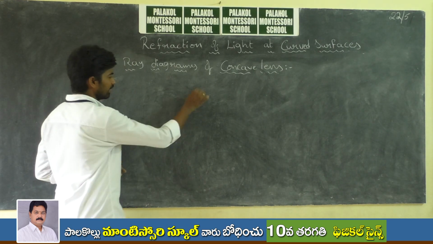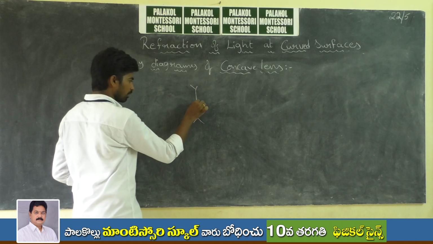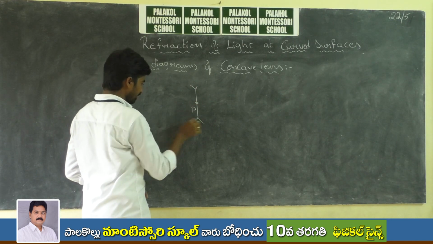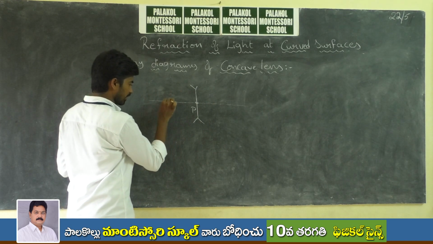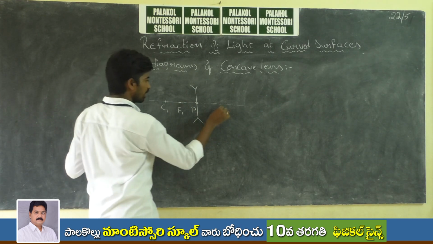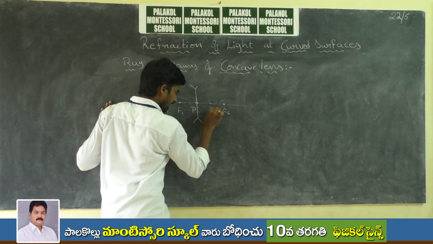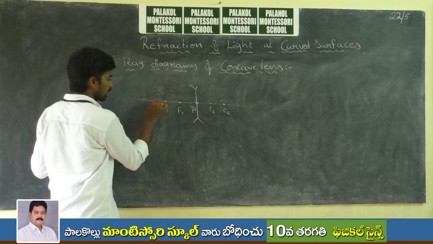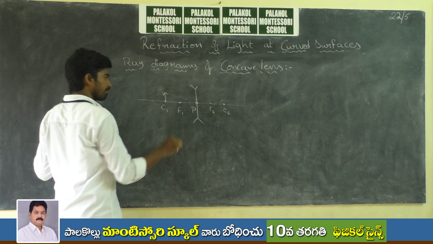So let us consider a concave lens, and the midpoint of the concave lens is P, the center of curvature of the first surface C1, focus F1, center of curvature of the second surface C2, focus F2. So let us see the case when the object is placed at center of curvature C1.